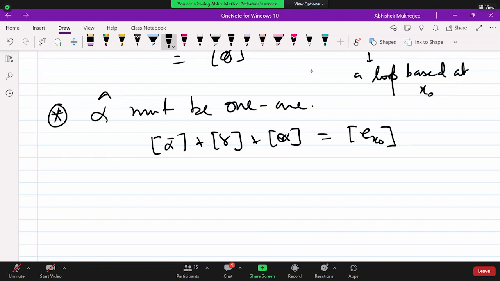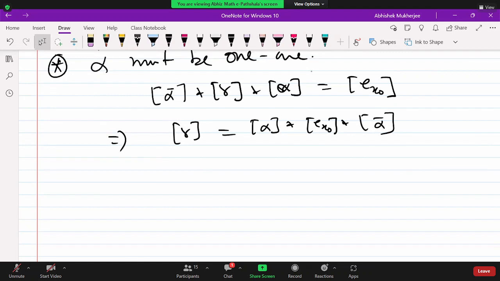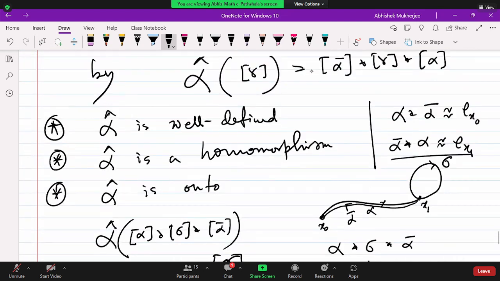Okay. So what does it say? So this one is nothing but class alpha star class x naught star class alpha bar, right? You're just multiplying the classes, class alpha from left, class alpha bar from right. Okay. And this is nothing but this one, just using this.